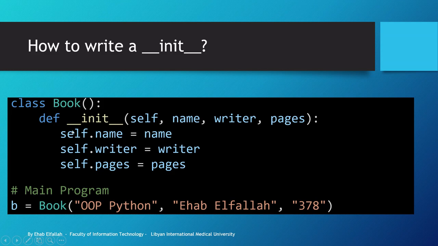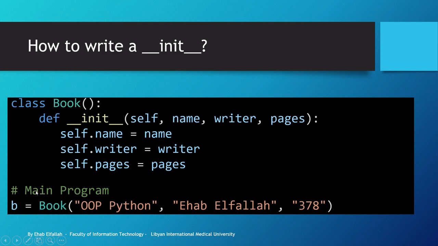Here we pass the first parameter, self, which we talked about in the last lecture. Then self.name equals name, which identifies the first attribute, self.writer equals writer, which identifies the second attribute, and self.pages equals pages, which is the third attribute.